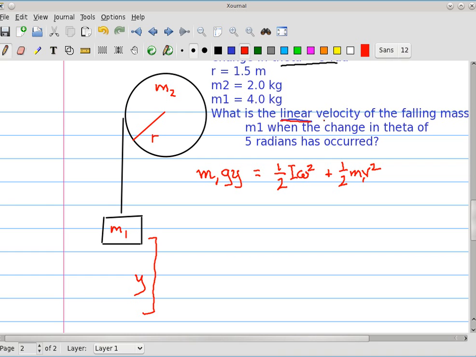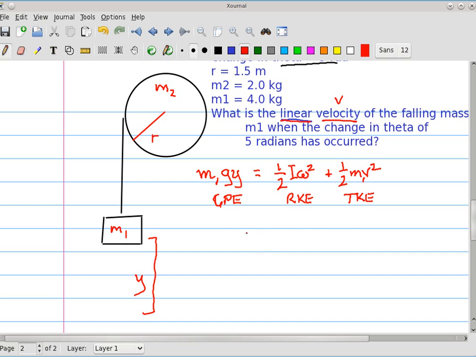So we're looking for that linear velocity v. So again, usually we label it like this: gravitational potential energy, this is rotational kinetic energy, and this is translational kinetic energy. All right, so one equation.